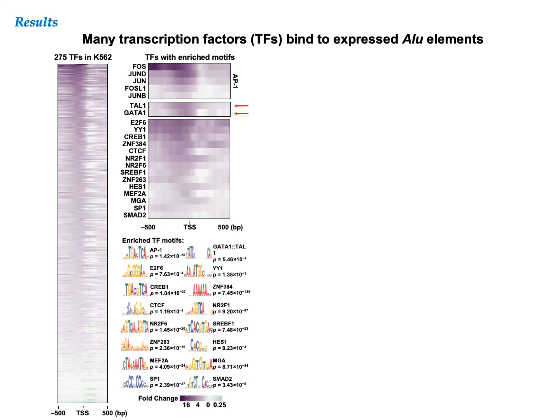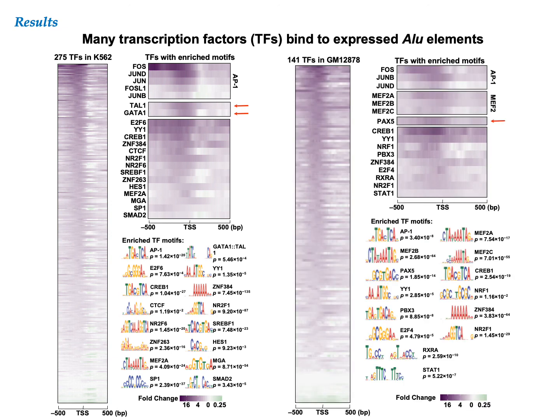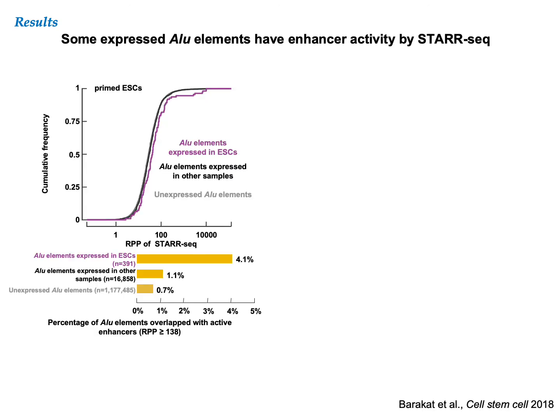For a subset of these TFs, we also detected enriched motifs at the expressed Alu elements, such as TAL1 and GATA1, which often act in a complex and must regulate erythropoiesis. Note that K562 is an erythroid cell line. A similar analysis on GM12878 reached the same conclusion.